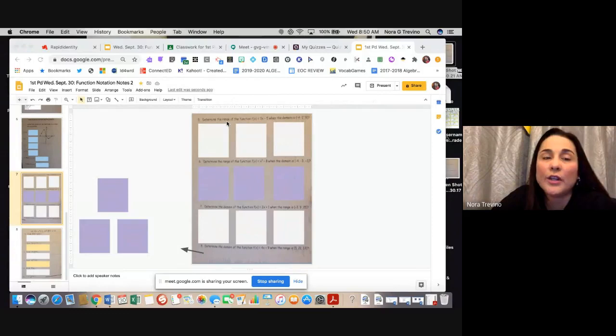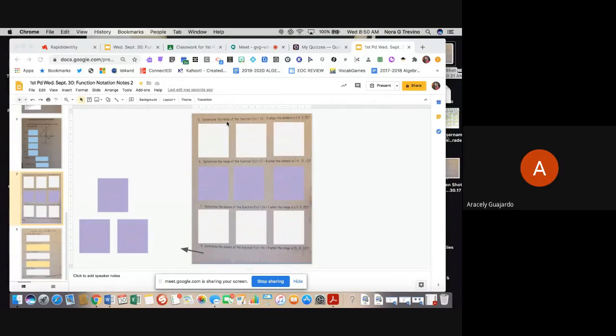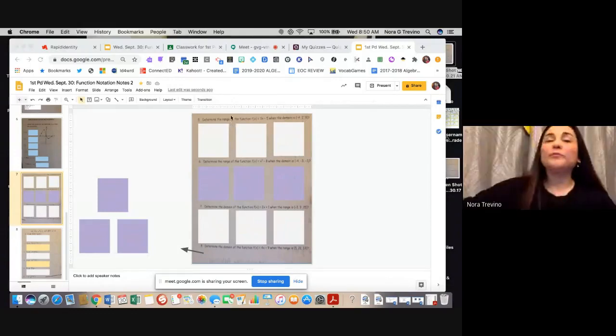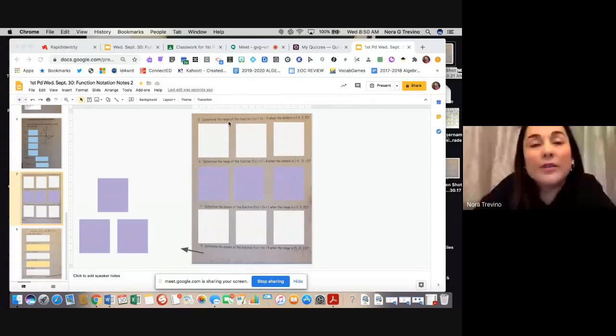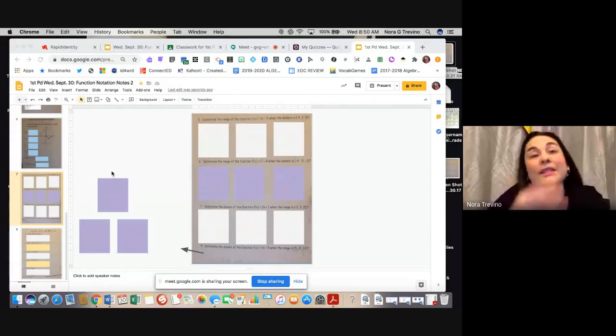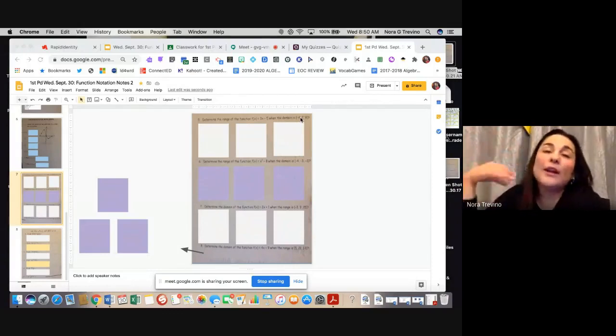Who is range, guys? X? Oh, no. No, it's Y. Right. So it's saying here, find the Y, find the outputs. That means the answers. The outputs are the answers. The outputs are the Y's. The Y's are the range. It's all the same thing. You can say them differently.